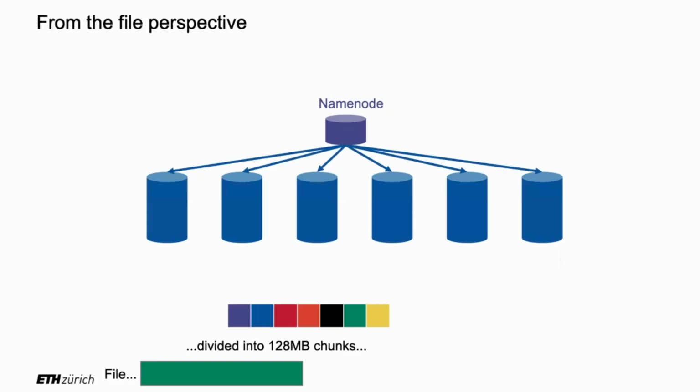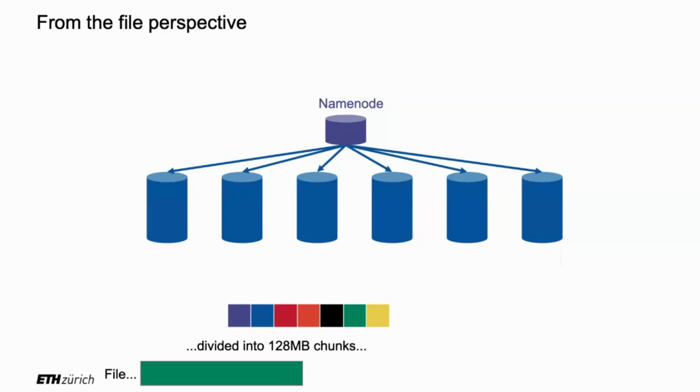So I divide it into these chunks that we call blocks in the context of HDFS. Let me take 128 megabytes for the size of a block. So now I have 1, 2, 3, 4, 5, 6, 7. So probably slightly less than a gigabyte in total. The file that I'm looking at.